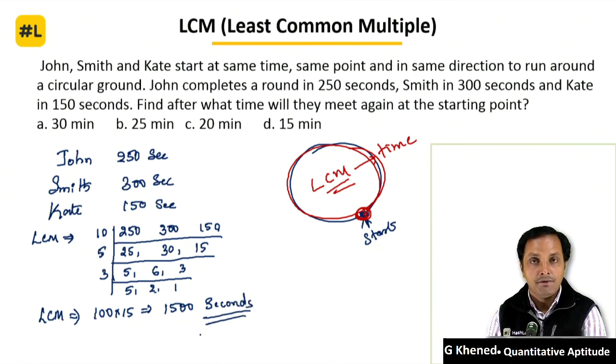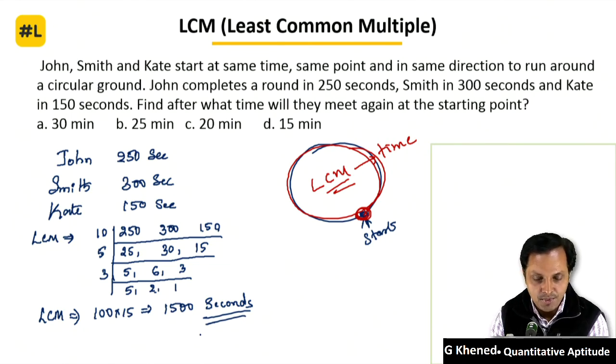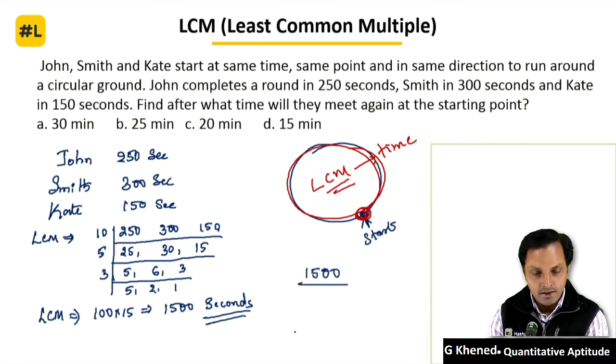So which option you have 1500 seconds? The options are given in the minutes. If you want to convert seconds to minutes, you have to divide by 60 because 1 minute has 60 seconds.